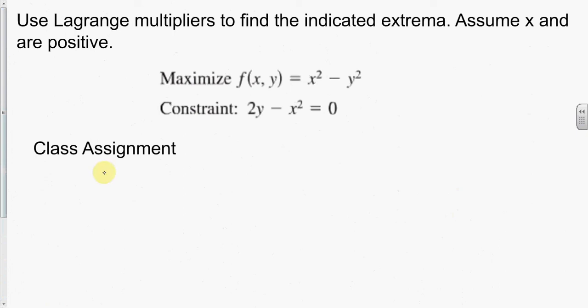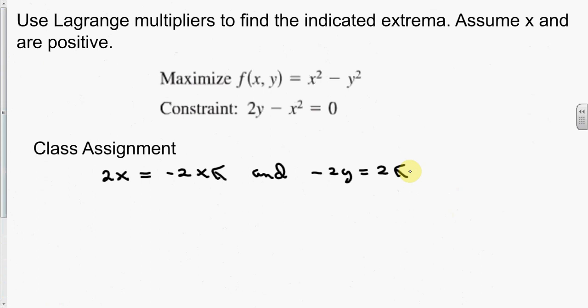So when you get right to it, you get 2x is equal to negative 2x times lambda, and negative 2y is equal to 2 times lambda. Did you get that? Okay, very good.